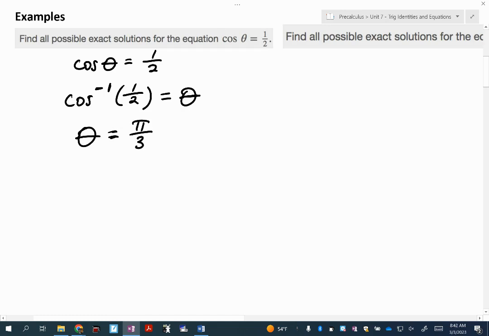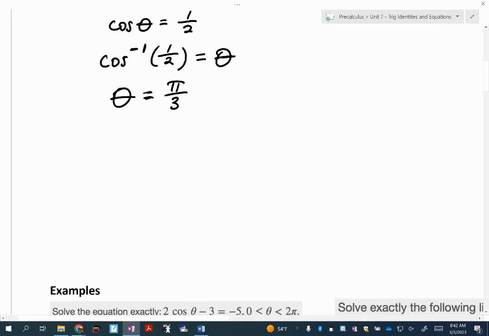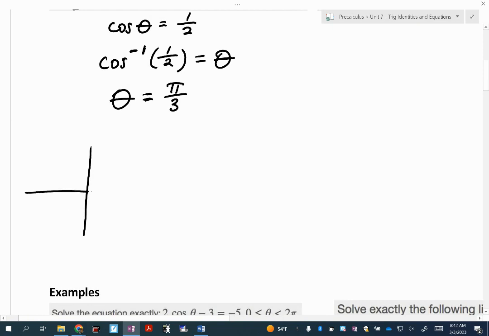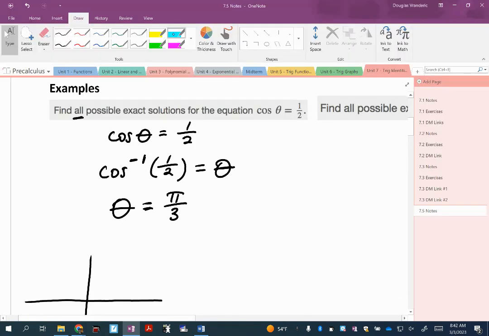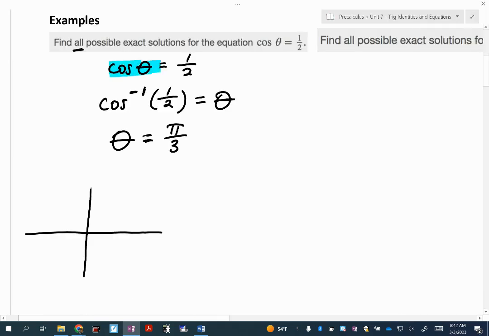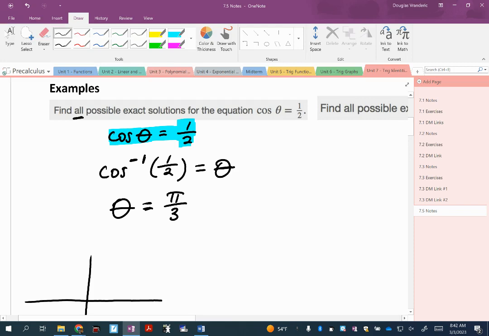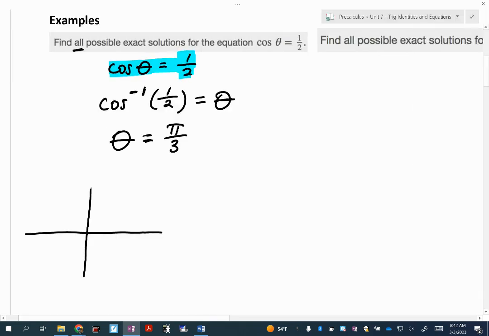But because it says all possible solutions, we don't just stop there. I'm going to do a quick little sketch. I'm looking for where cosine is positive 1/2. This is the point where we've isolated our trig function.